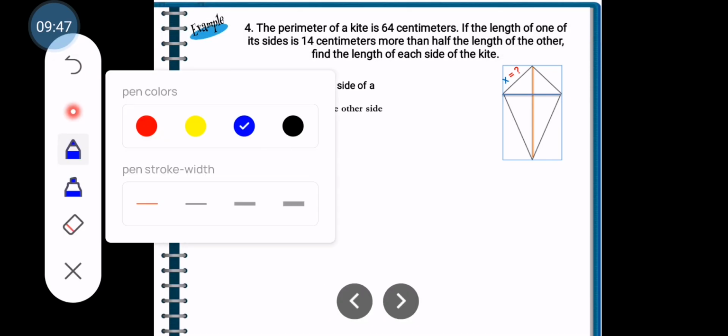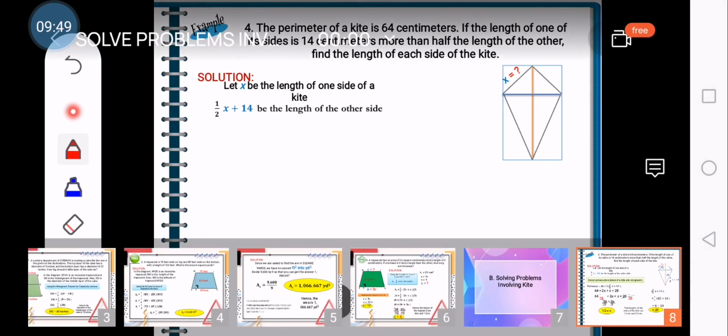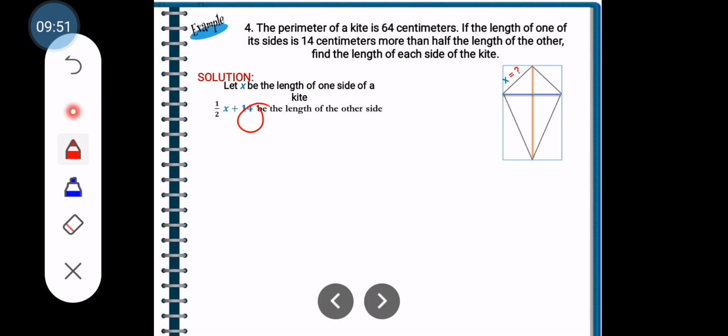So, let us represent it as X, as usual. And since 14 more than half of nung nawawala, so, ang translation po natin is 14, more than, dahil sa more than siya, kaya 14, pabalik yung plus.